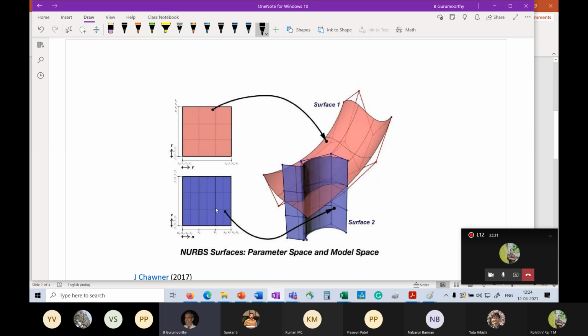The blue is another parametric space UV, and again the surface 2 will map a point here to the surface there. The idea is that we want to do the intersection between these two surfaces, and you can actually see a very clear curve of intersection, which is your goal, very clearly seen.